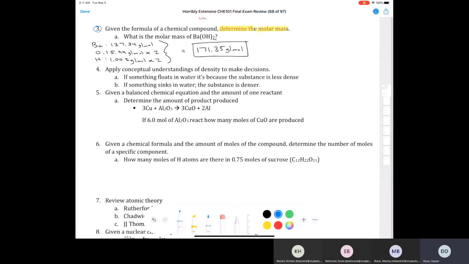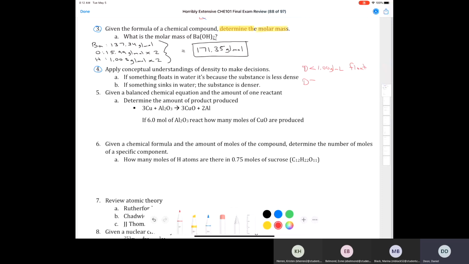The next one, she doesn't have a question here, but she's thinking about density and the concept of floating. She says if something floats in water, it's because it is less dense. So if you think about something that's less dense than water, like maybe a piece of pine wood, not all woods are less dense than water, but if you have a density less than 1.00 grams per mL, it's going to float, right?